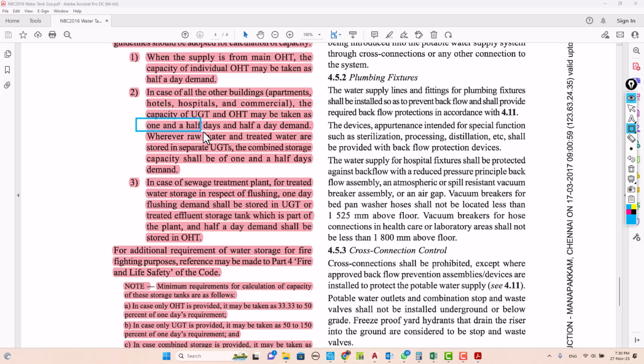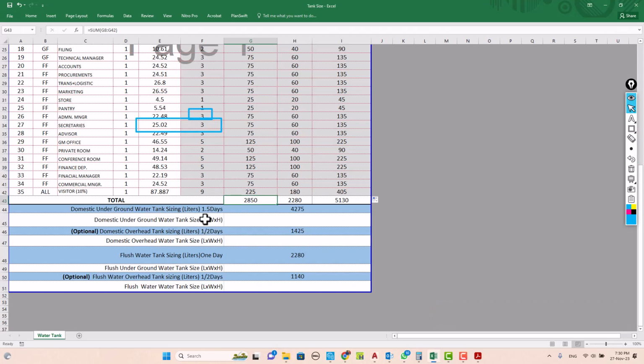Here you see 1.5 days for underground water tank, right? That's why here we take 1 day and half days. So the formula is already 1.5 with this one, multiplied by this one. Okay, so it comes here.